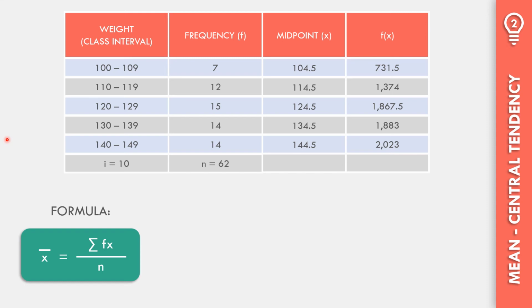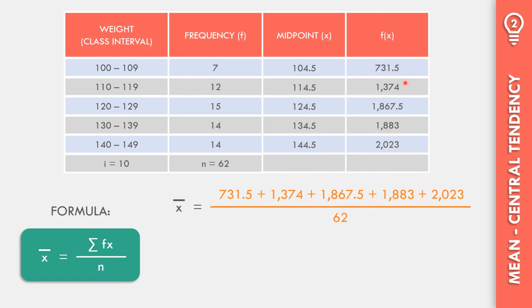So let us get now the value for the mean. The formula, summation of f times x all over n. So we need to add all of the values of the f times x. 731.5 plus 1,374 plus 1,867.5 plus 1,883 plus 2,023 divided by the value of n, that is equal to 62.